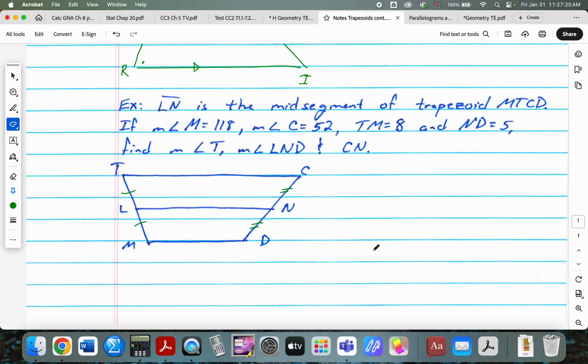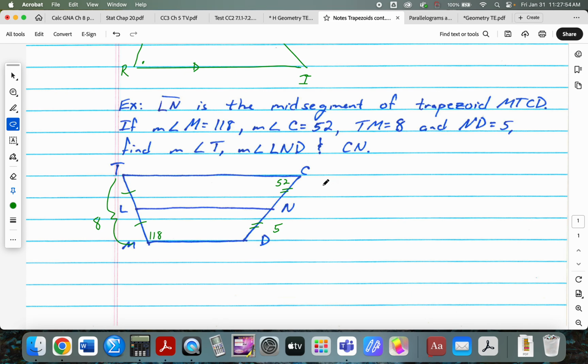So I know those are all congruent. So the measure of angle M is 118. And the measure of angle C is 52. The length of TM is 8. And the length of ND is 5. So it wants us to find the measure of angle T. Which angle is angle T related to?